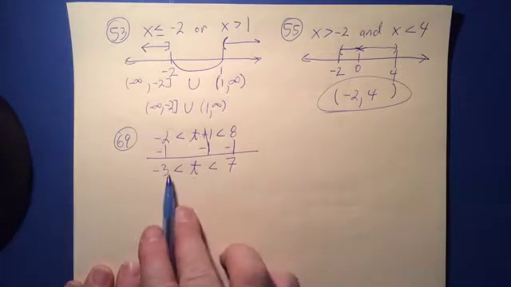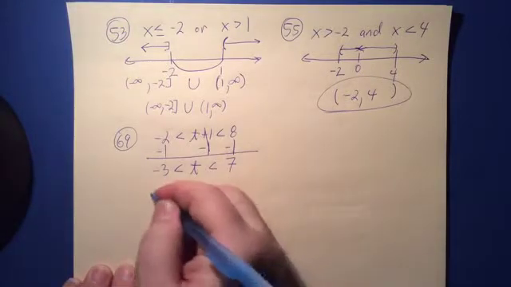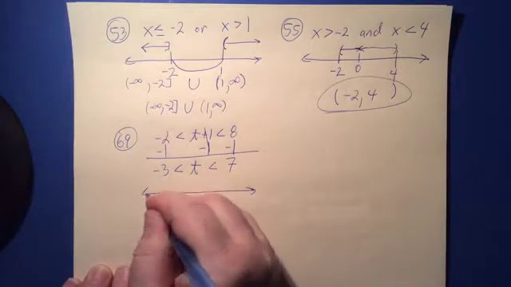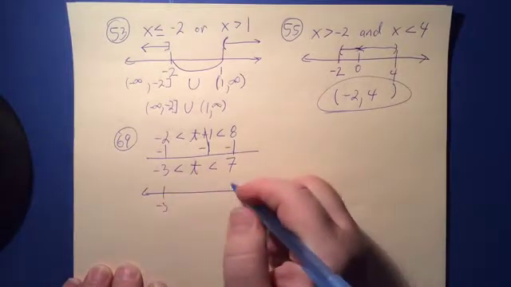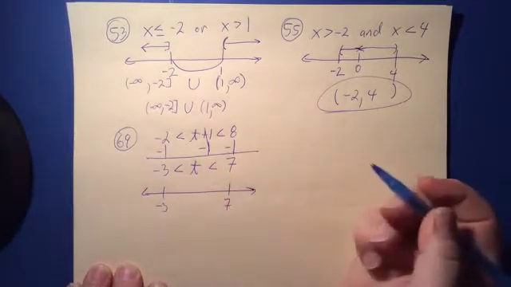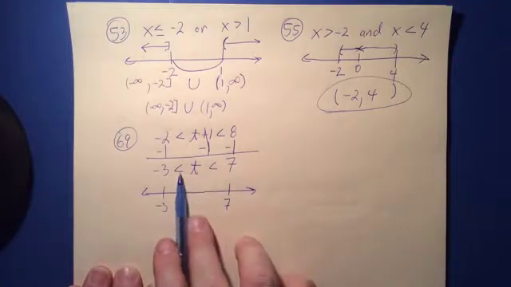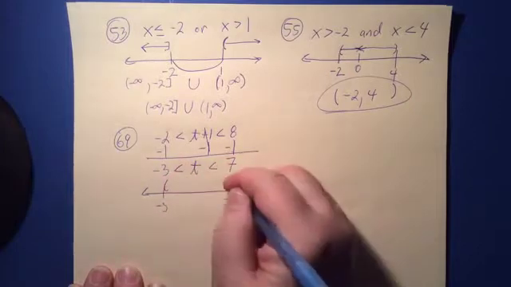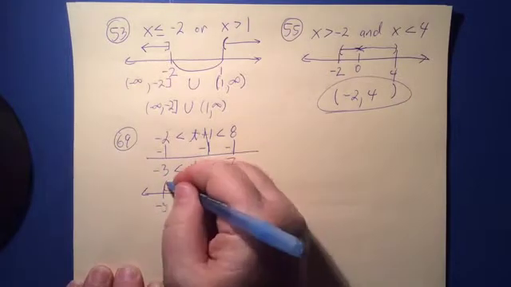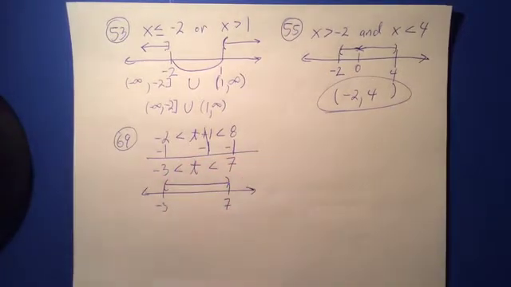Because I have the value of t between negative 3 and positive 7, I'm going to go ahead and put the values of negative 3 and positive 7 on a number line. Because these are less than only, I'm going to put parentheses here and just draw my line in between. So now I have that expressed on a number line.